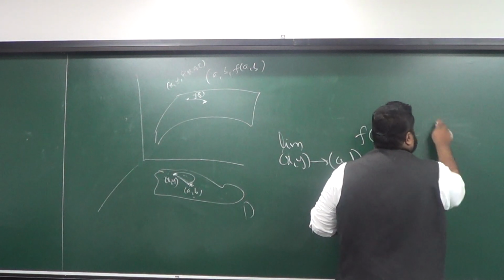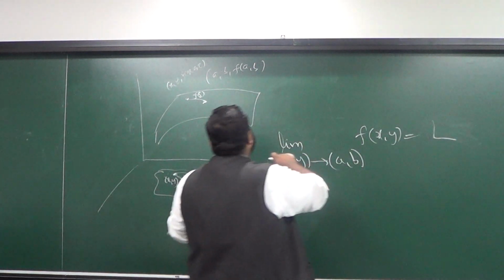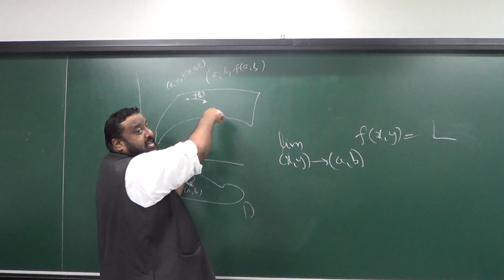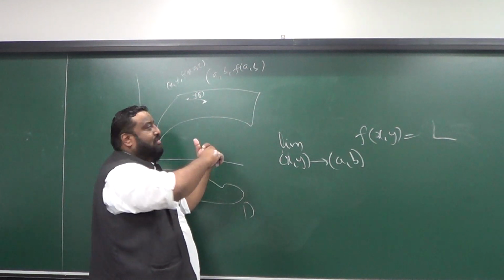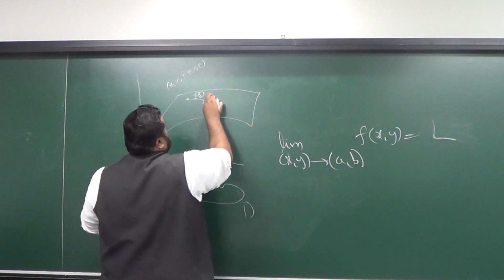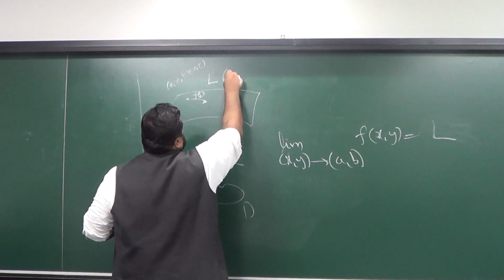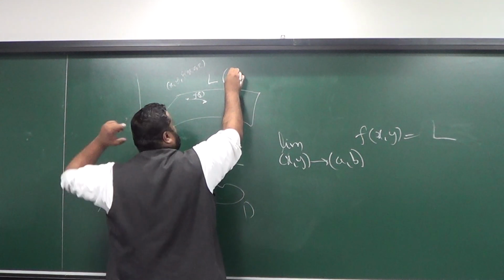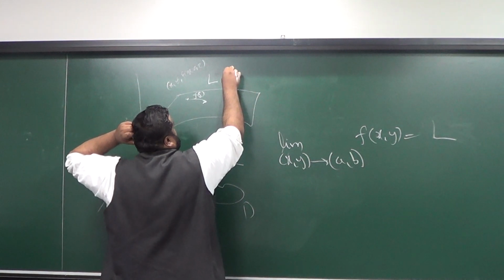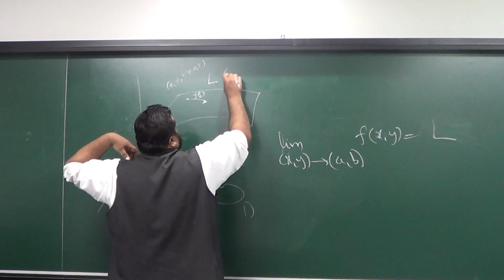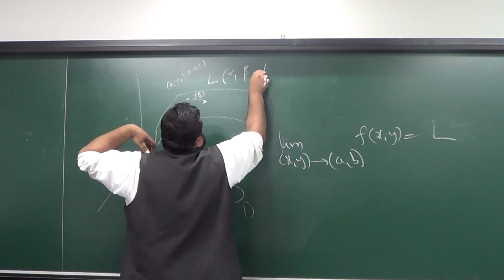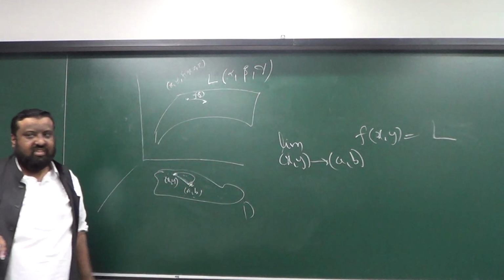Like some value L. It's not necessary that it should be, because you're not talking about the quantity, you're talking about the limit. Let's call it A, which has some coordinates, maybe unknown, alpha, beta, gamma, something like that.